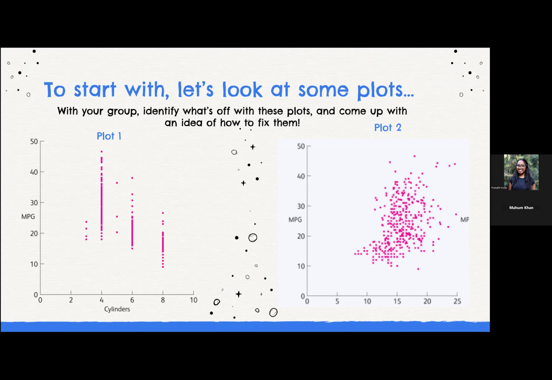Let's do the same for plot 2. What's funky about plot 2? What's going on here? This one is a little bit less to do with the actual data and a little bit more to do with the visualization of the data. Any thoughts?